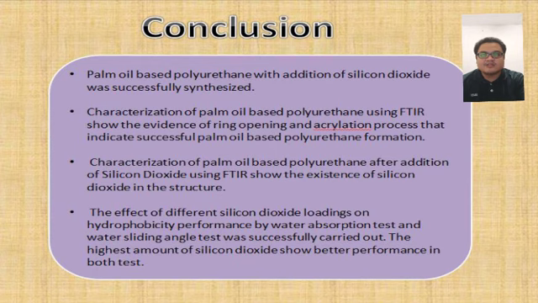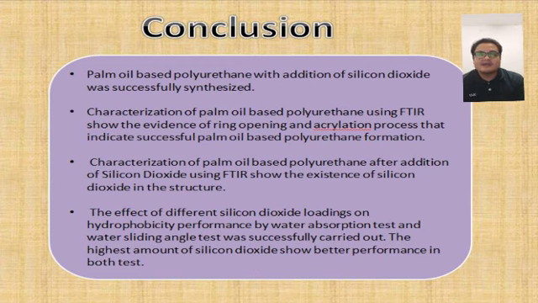As a conclusion, palm oil-based polyurethane with addition of silicon dioxide as hydrophobic agent was successfully synthesized. Characterization of palm oil-based polyurethane using FTIR show the evidence of ring opening and acrylation process that indicate successful palm oil-based polyurethane formation.